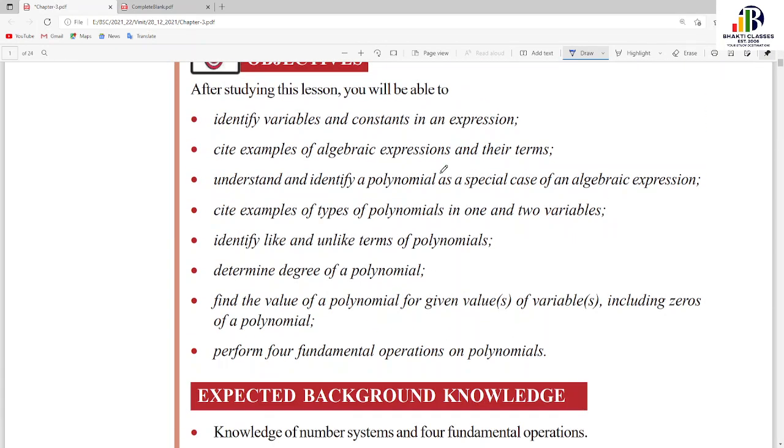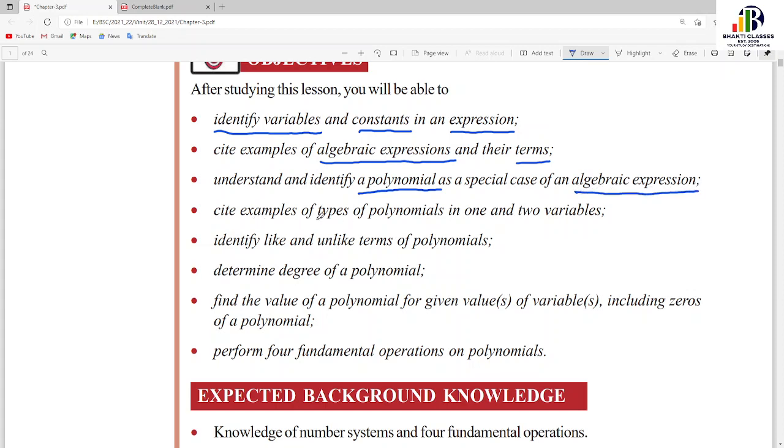So, what will we study in this lesson? After studying the lesson, we will be able to identify variables, constants and expressions. We cite examples of algebraic expressions and their terms. We understand and identify a polynomial as a special case of an algebraic expression.